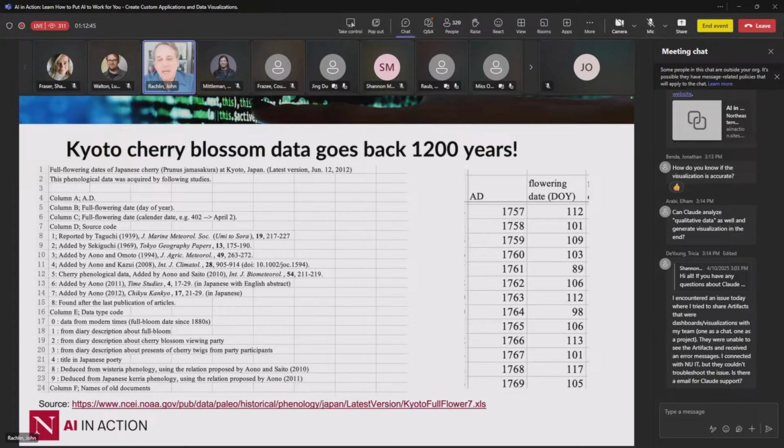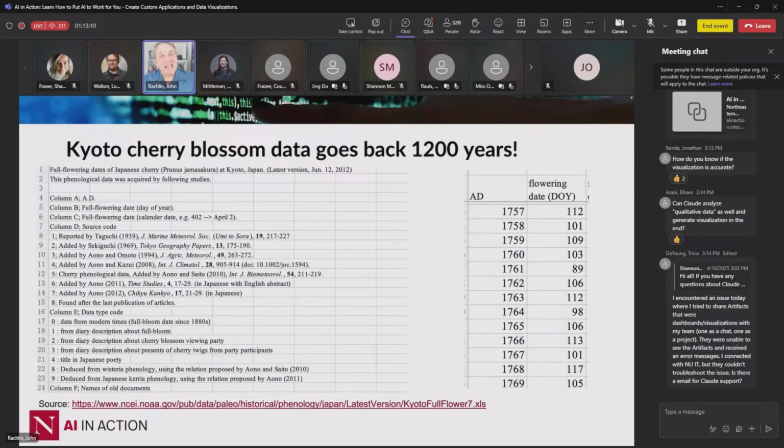But the critical information is simply 2 columns, one recording the year and the second the day of the year on which the cherry blossoms in Kyoto came to full bloom. So for example, this is showing that in 1757, it was on day 112 that the cherry blossoms came to full bloom in Kyoto.